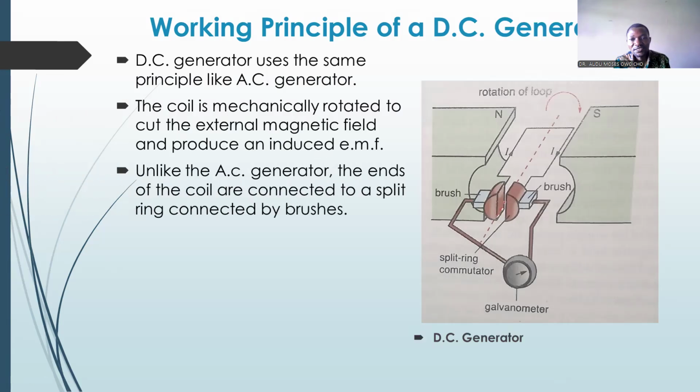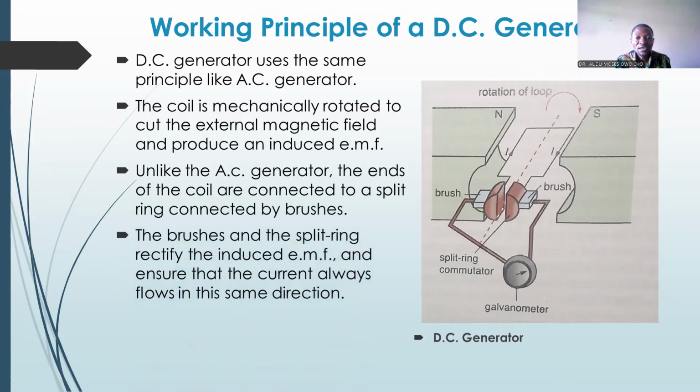Unlike the AC generator, the ends of the coil are connected to the slip ring, which is connected to the brush. And the brush and the slip ring rectify the induced EMF and ensure that the current flows in the same direction.